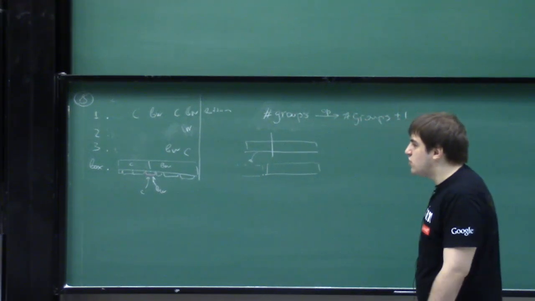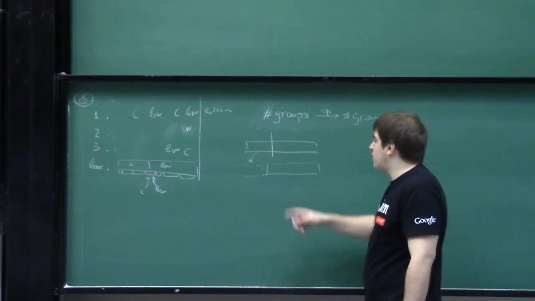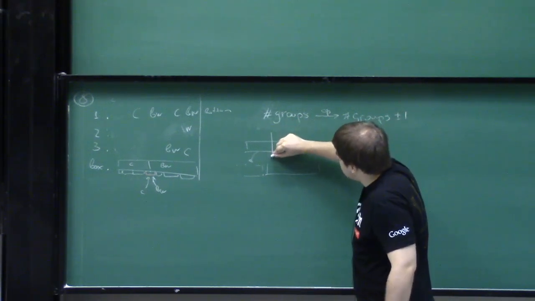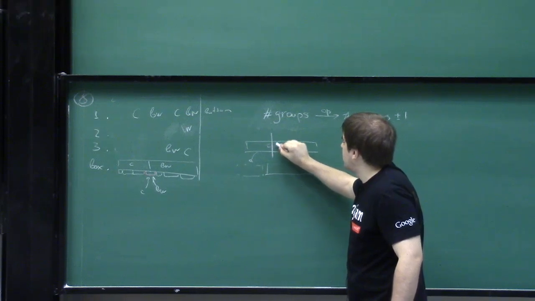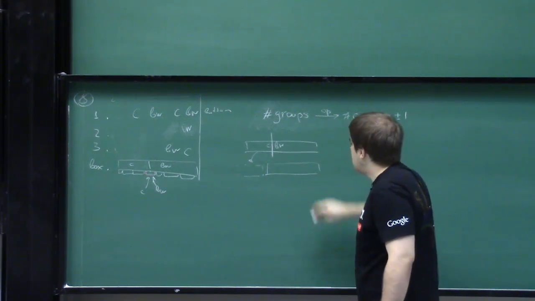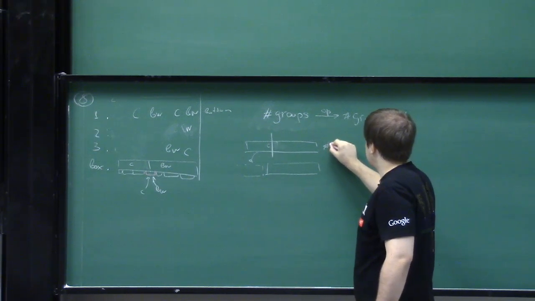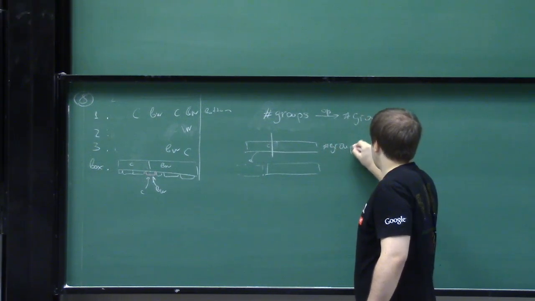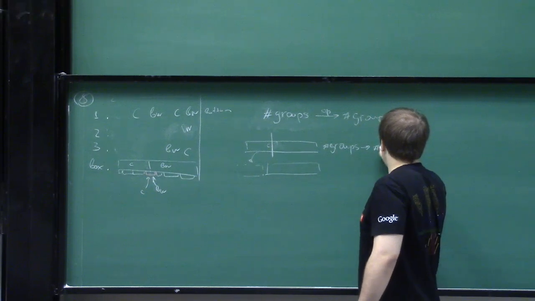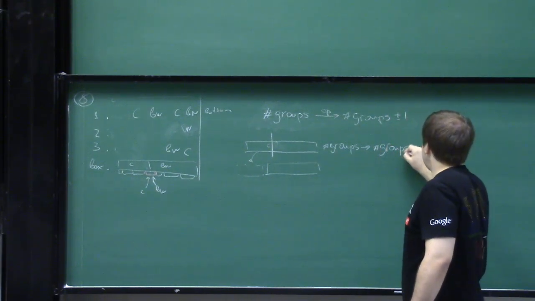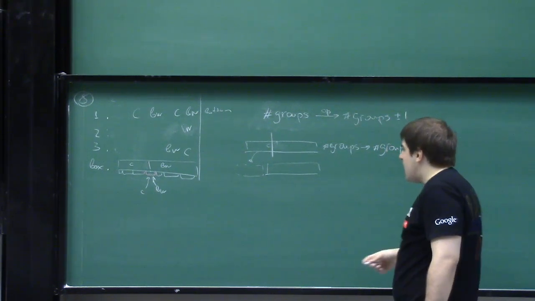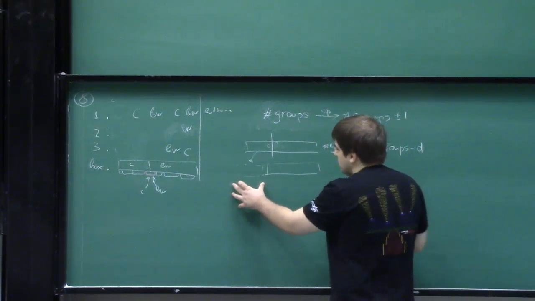If you split it exactly between photos of different colors, then the number of groups here is decreased by some d, and there are two possibilities.